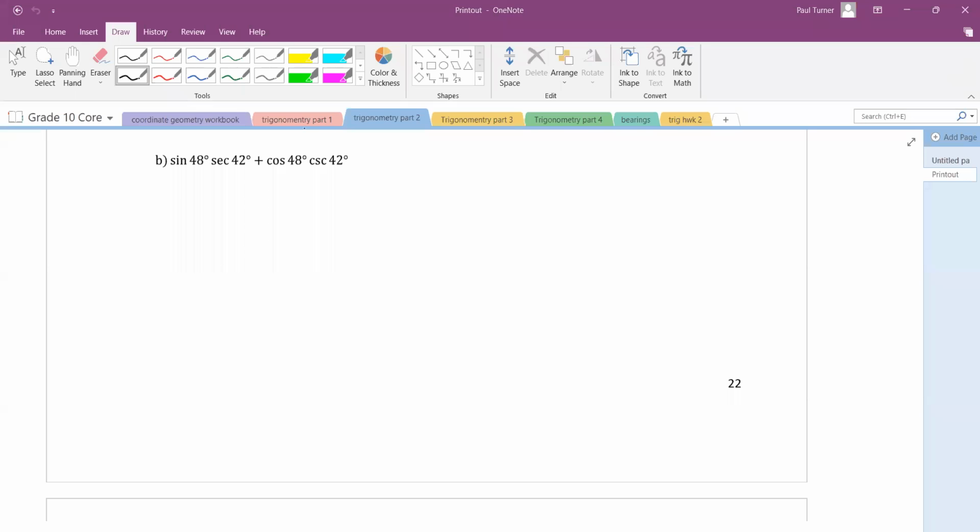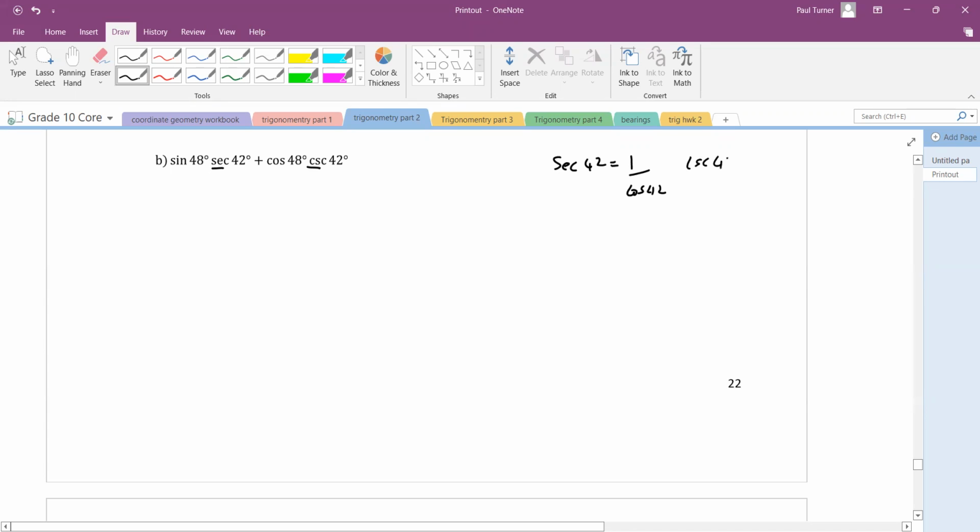Okay, so in question B here, as I mentioned, we've got sec and cosec, so I recommend changing these. Sec 42 is 1 on cos 42, and cosec 42 is 1 on sine 42. So let's change it to these fractions. These are reciprocal ratios.